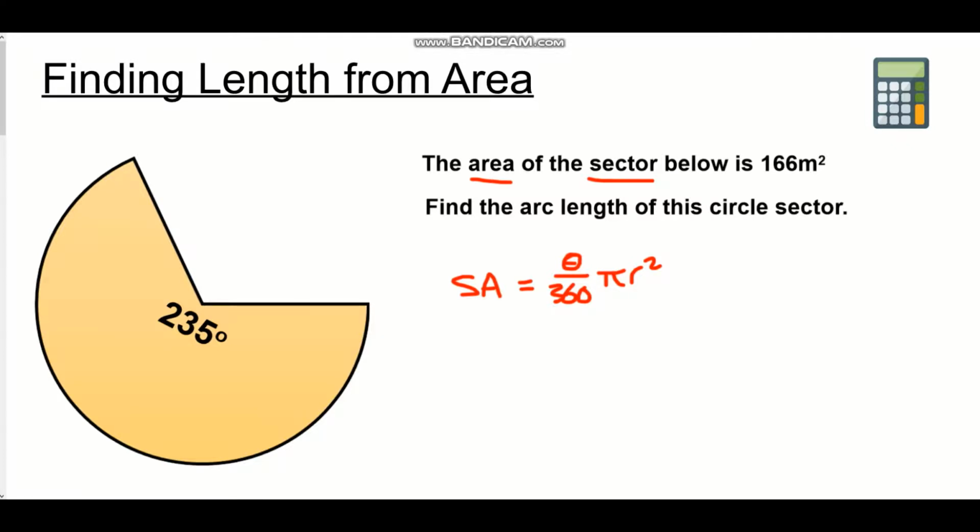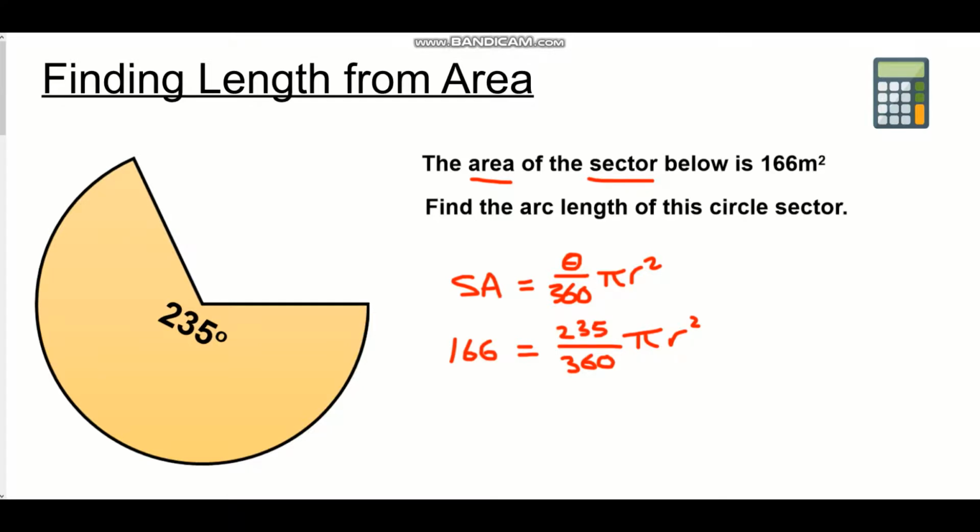Putting in the information we know, we've got 166 is our sector area, 235 is the internal angle, and we want to figure out what the radius is here.